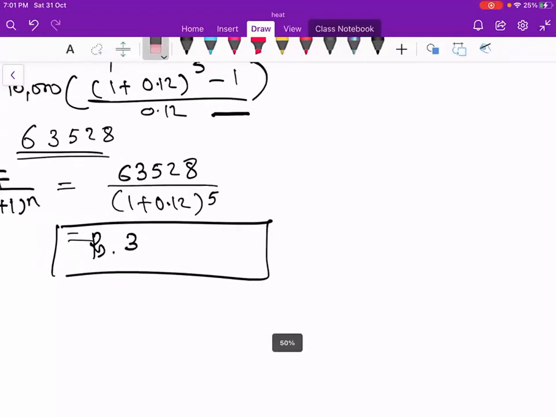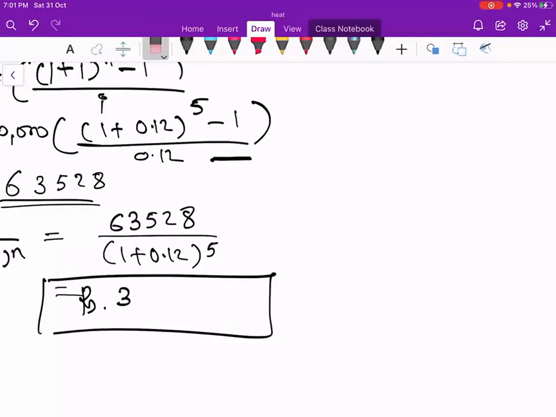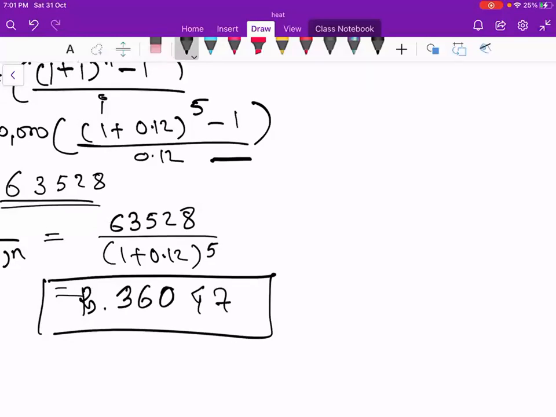I have to widen the screen. 36047. What does it actually mean? If today I deposit 36047 rupees, with (1 plus I) to the power 5, how much money will I get? 63,528.